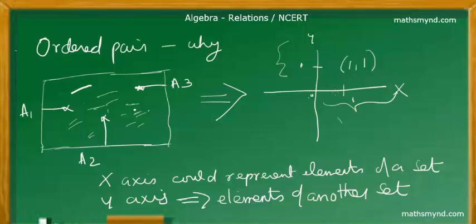More than that, the x-axis can represent the elements of a set, that is, the positive part of the x-axis. Similarly, the negative part of the x-axis can also represent the elements of a set.